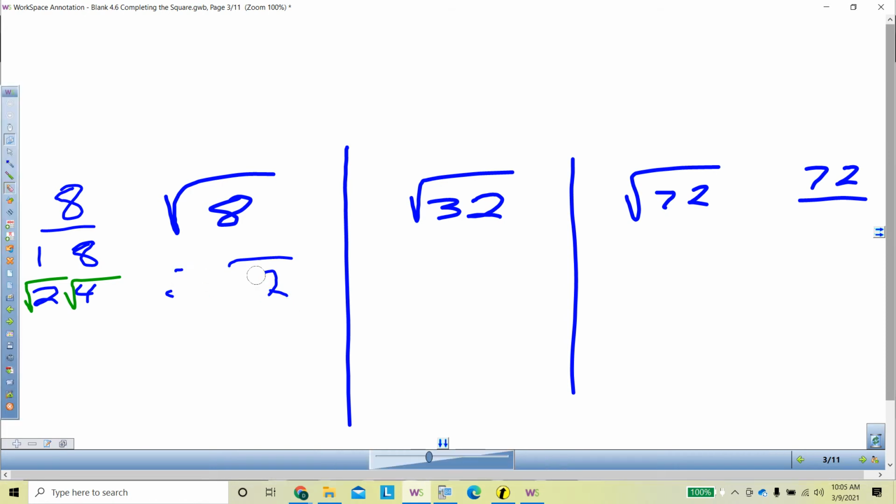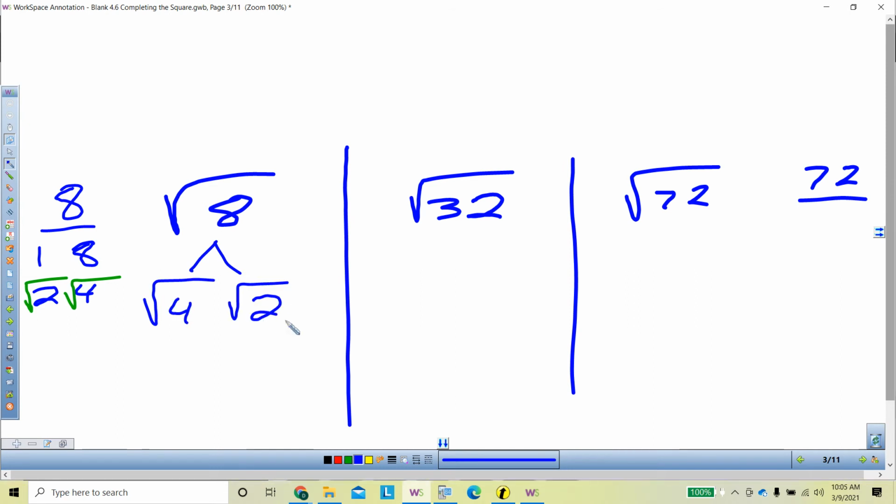So what I'll do to normally show this, if I'm just breaking it out, I show it like this. Square root of 4, square root of 2, kind of breaking it out like a little tree diagram. Square root of 4 is 2, square root of 2 can't do anything with, so just leave it alone. So you might look at 32 and think, oh, I can square root 4, 4 and 8 works.